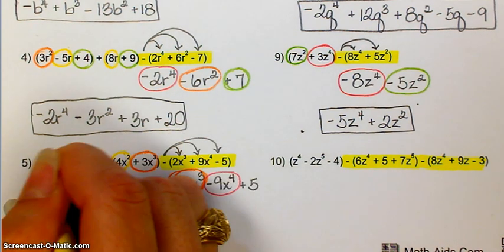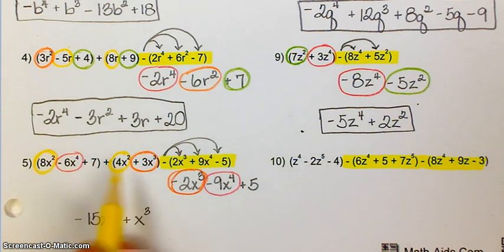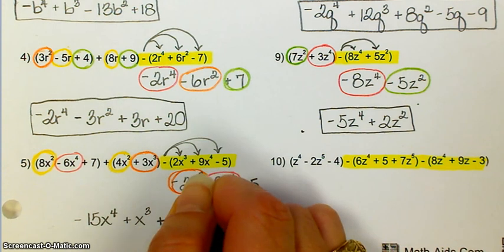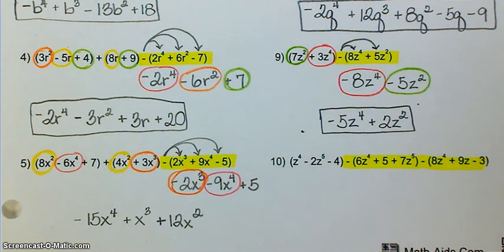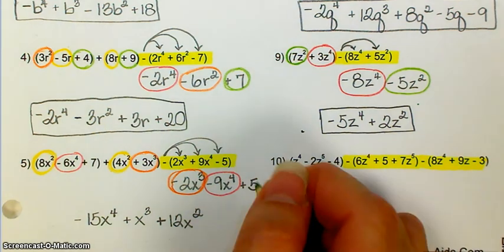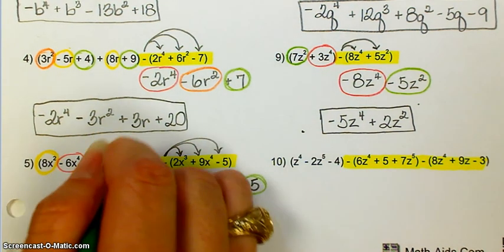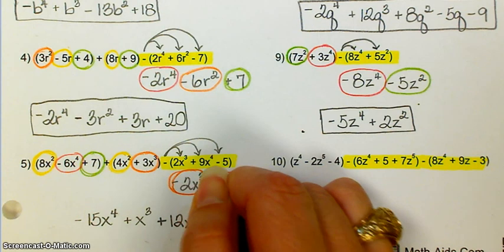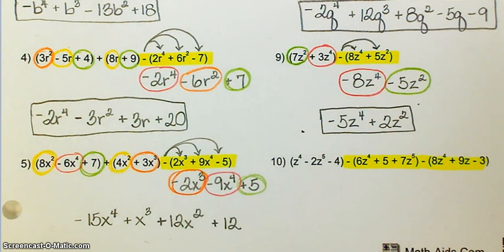Positive 4x squared, positive 8x squared. What's that going to be? Positive 12x squared. Do we have any just with x? No, I don't think so. A plus 5 and a plus 7, and that's going to be plus 12. Is everybody good?